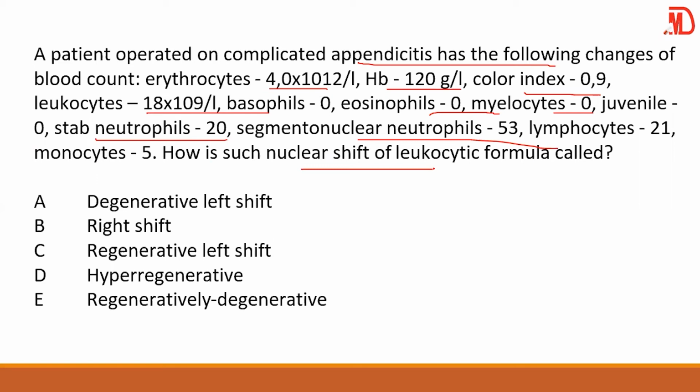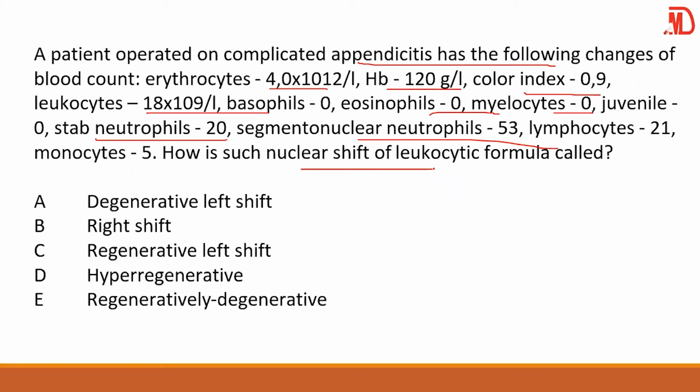And we made mention that anytime there is a left shift, it shows that there is the presence of immature neutrophils in the blood. And this indicates an inflammatory process. That is what we call the left shift.